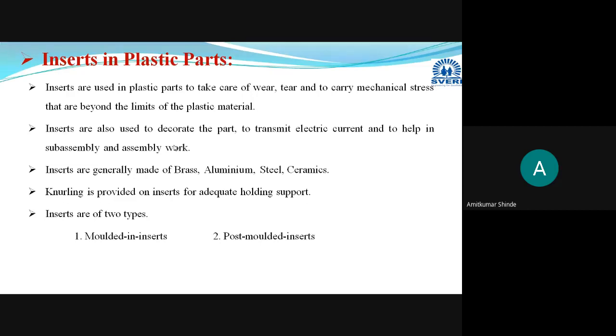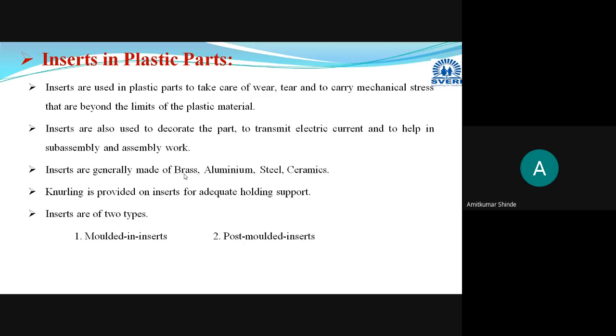Metal inserts are used, and specifically we generally use brass material. Sometimes aluminium, steel, or ceramic material is also used, but generally we use brass. Many times brass is preferred for manufacturing the insert.